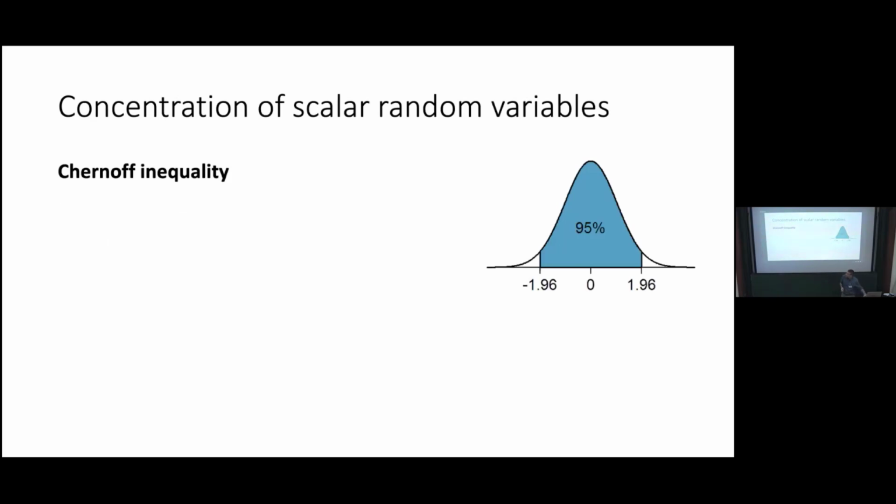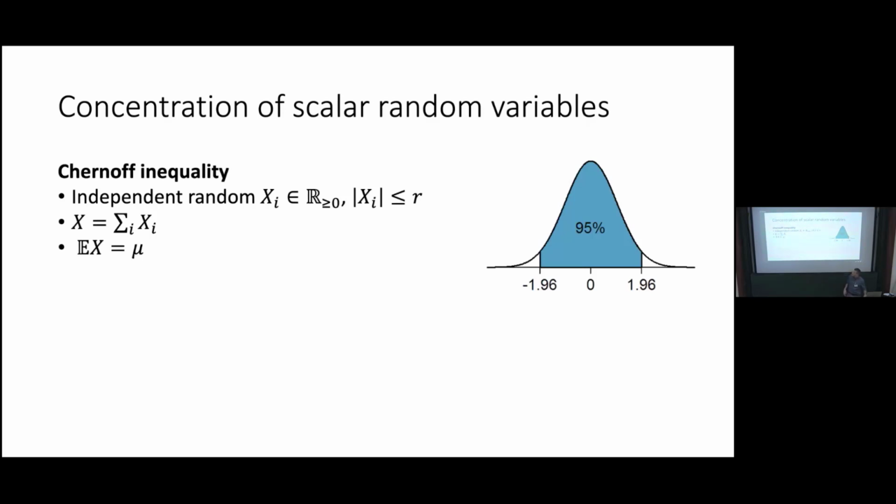So I recall the Chernoff inequality, which is a really powerful non-asymptotic bound that I think everybody knows. Here we consider a collection of positive scalar random variables that are bounded by R. We denote with X the sum of these random variables, and with mu the expectation of the sum.